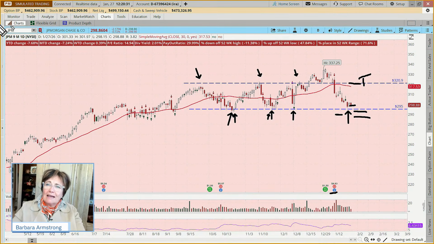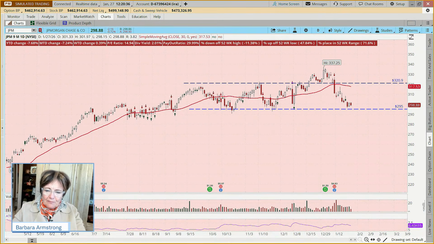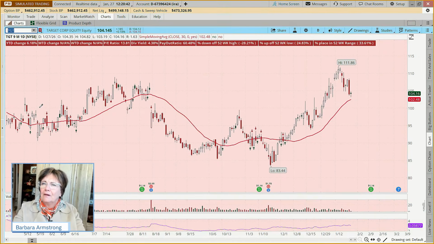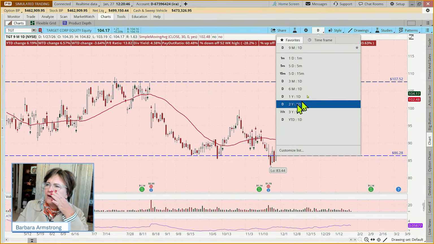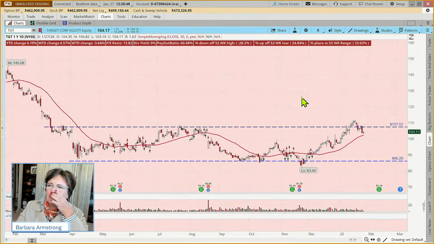Now, Target has also been going sideways. So let's look at Target. And I had posted a picture of this on X a couple of days ago.